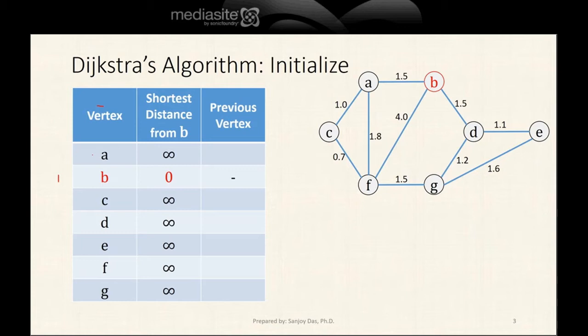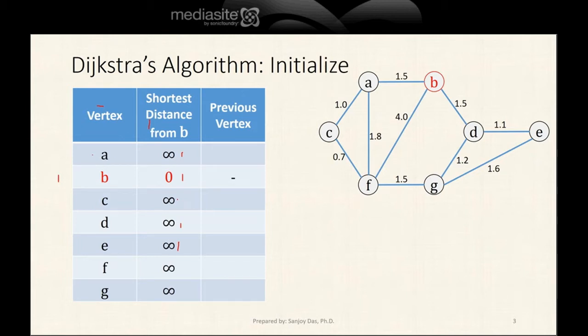The second column is the shortest path to that vertex from B. Since I'm initializing, I don't know the shortest path yet, so I put infinity as the entries everywhere except in B, because it doesn't make any sense to put infinity in B because I'm beginning from B. B is the point where I begin my iterations, and the distance of B to itself is obviously 0.